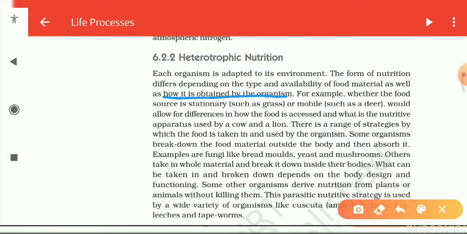Here examples are given, like the food source is stationary such as grass. Stationary means which cannot be moved. Now see here, grass is stationary or mobile such as a deer. Deer can move from one place to another place, but its source is stationary. This would allow for differences in how the food is accessed, and what is the nutritive apparatus used by a cow and lion.